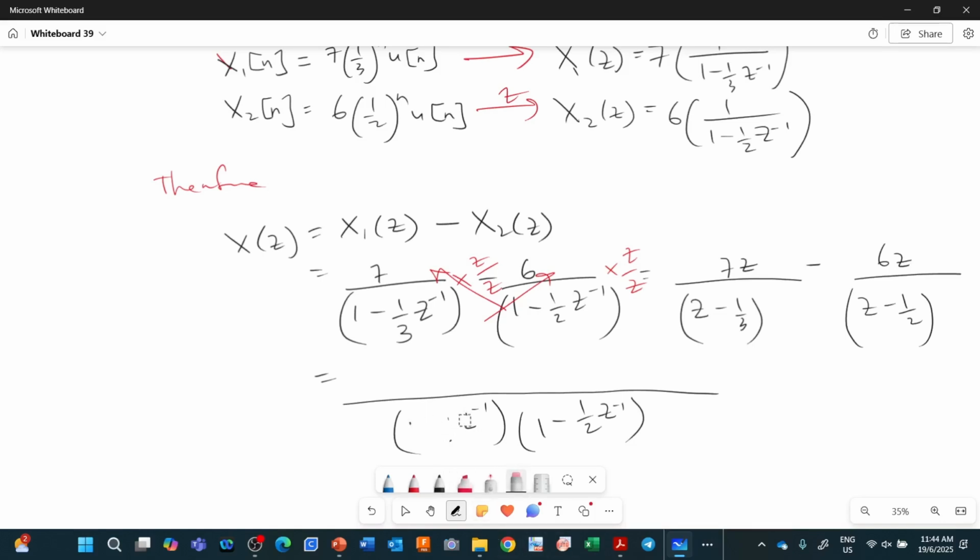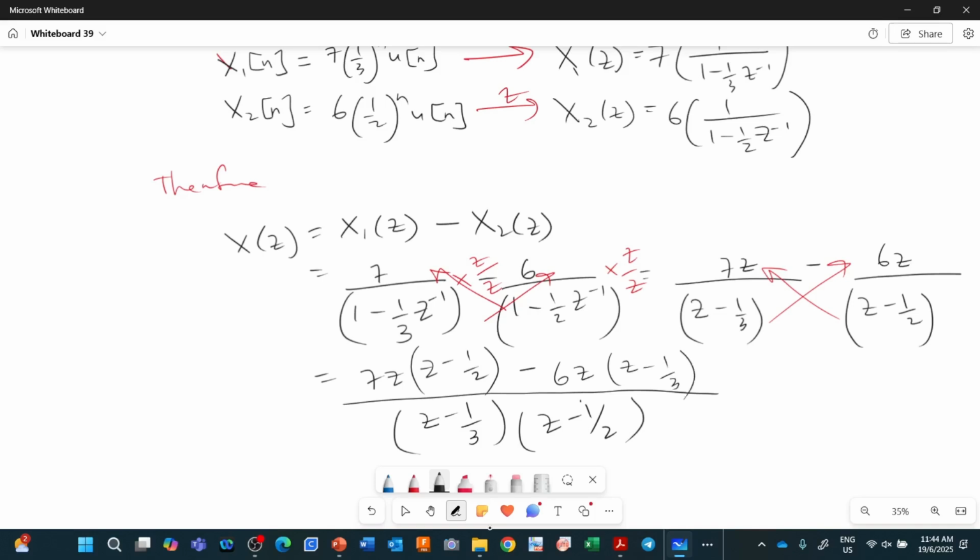So I'm going to rewrite this. Cross multiply: the denominator is z minus 1 over 3 times z minus 1 over 2. The numerator is 7z multiplied by z minus 1 over 2, minus 6z multiplied by z minus 1 over 3. So try to multiply it and expand.